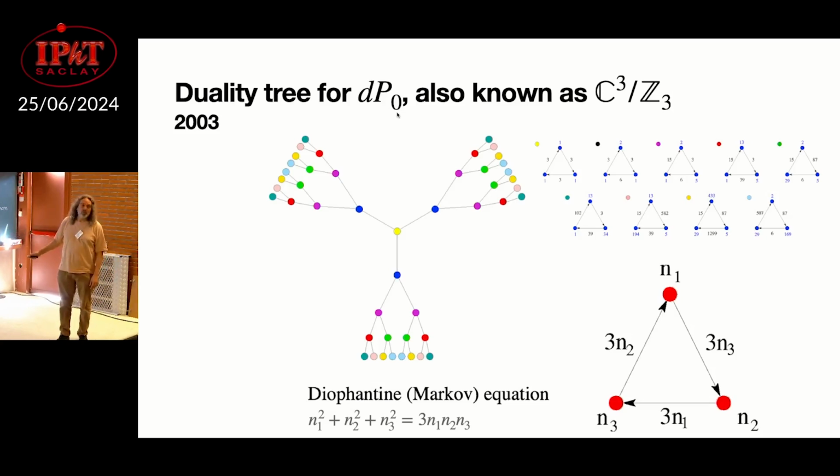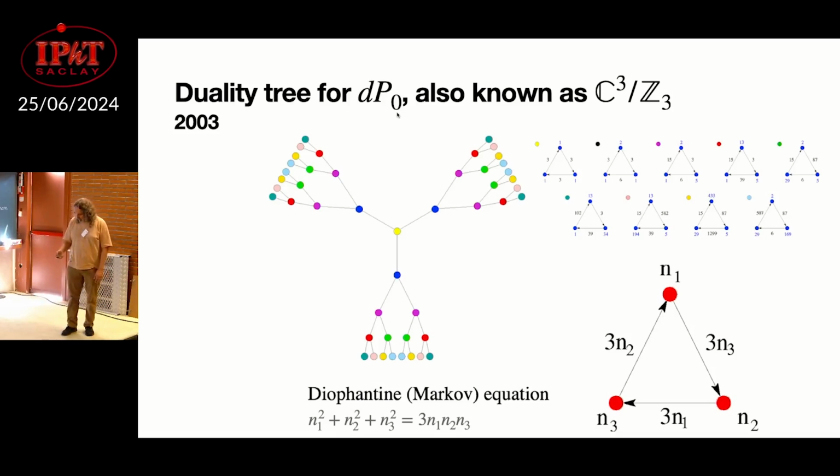You set them to 0 for reasons of scale invariance, and what you get is this equation. So this is the result of demanding scale invariance. You get the whole set of solutions, and here's this nice tree.